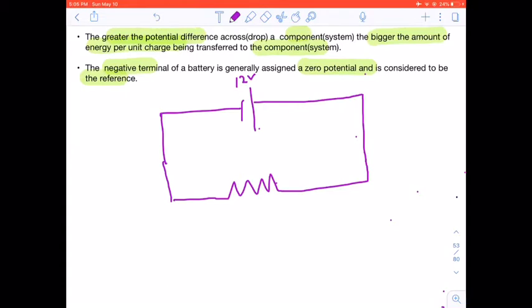Right, now in here we know that's our positive and that's our negative, and the positive pole here has a high potential energy. The negative pole here has a low potential energy, right?